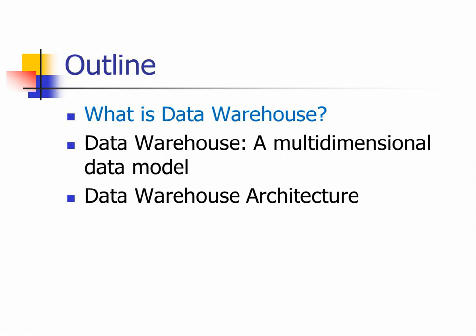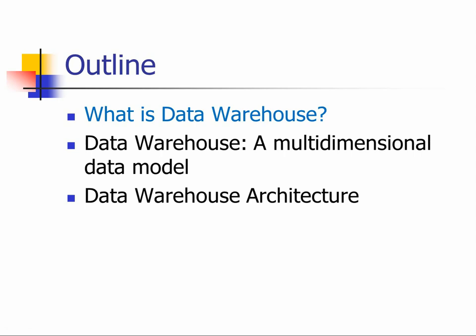We want to understand what the multi-dimensional data model talks about, and we will also take a brief look at some coding to see how it looks in comparison with the database. And finally, we will look into the data warehouse architecture.